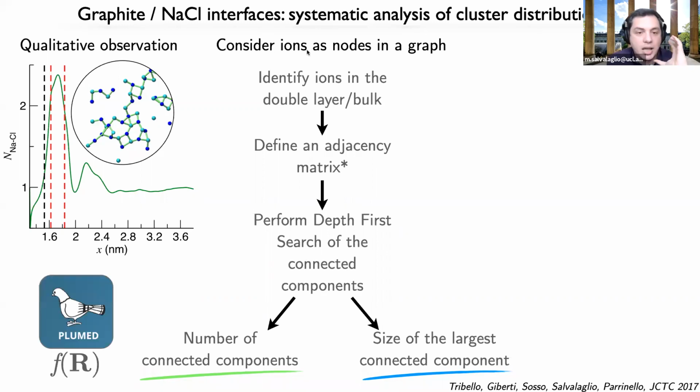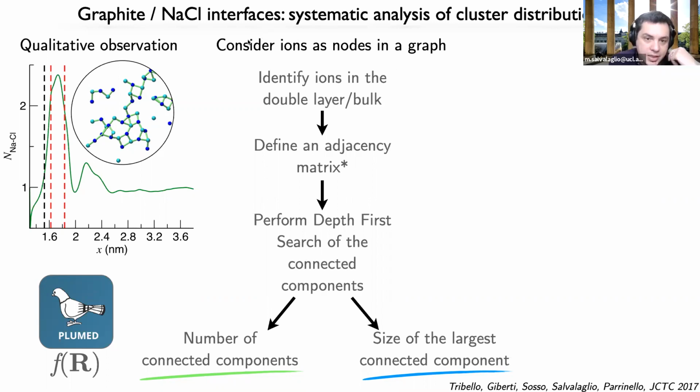So I want to highlight once again how all the steps in this process are associated to defining functions of the position of the ions. So for example, identifying ions in the double layer is a task that can be performed by defining a switching function of the x coordinate as represented here. And the same is true for defining an adjacency matrix and so on.